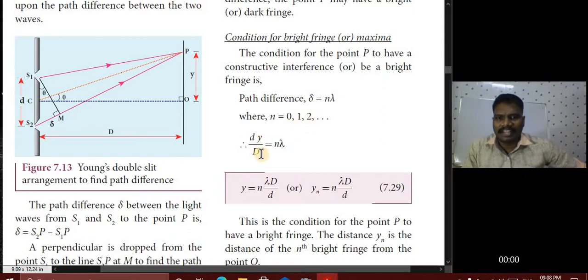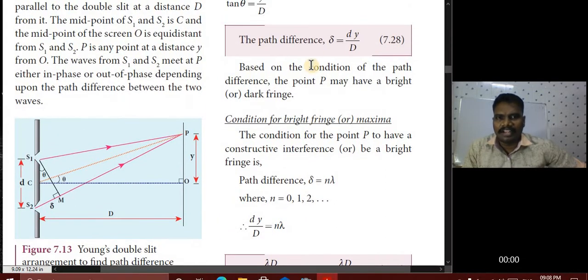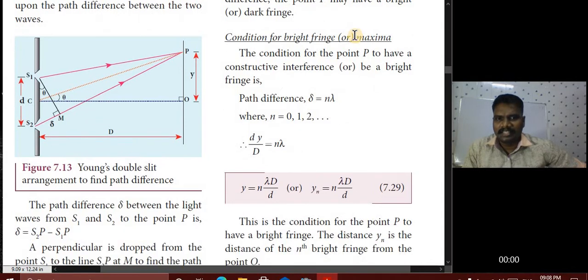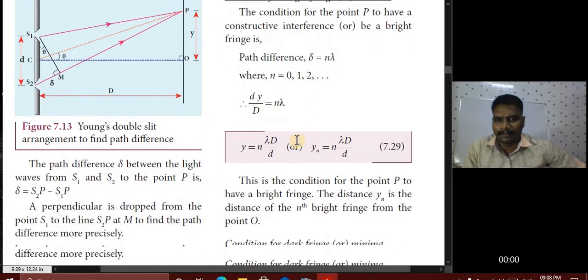Already we know the value of del is d y by capital D, so substituting, d y divided by capital D is equal to n lambda.